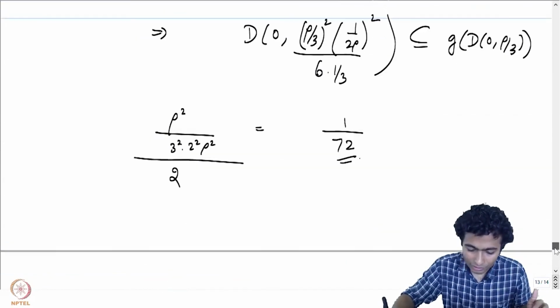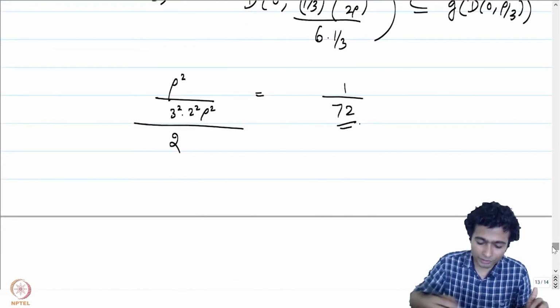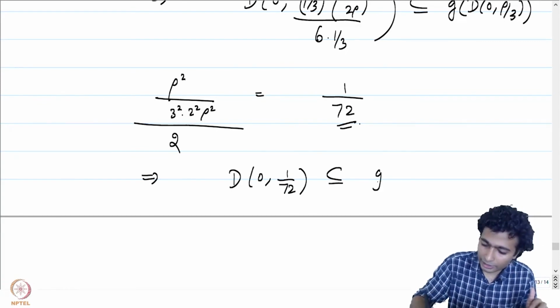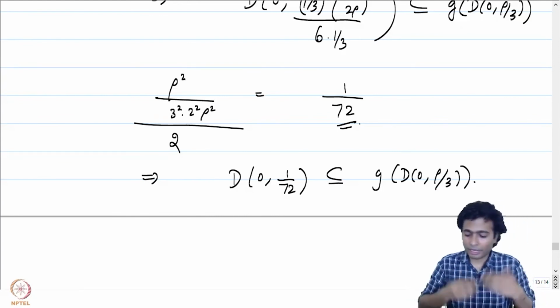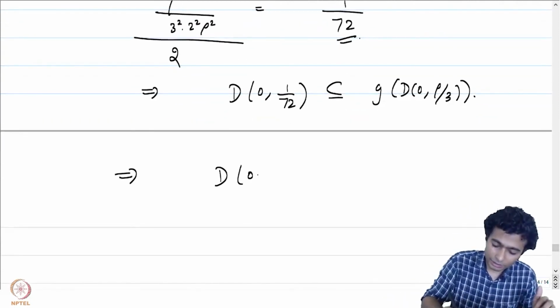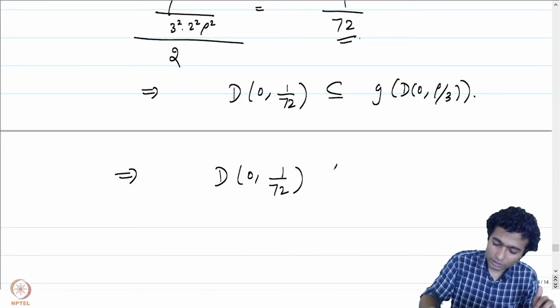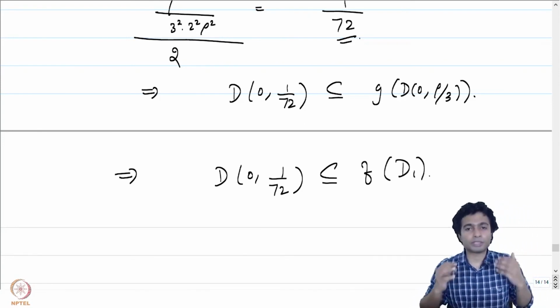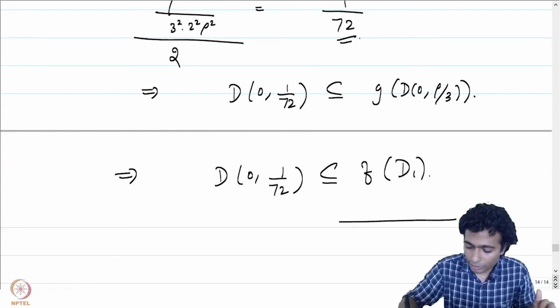I should confess that there is some reverse engineering that was involved. This tells us that d0 1 by 72 is contained in g of d0 rho by 3. And now translating it back, this tells us that d0 1 by 72 is contained in f of d1, which is precisely what we had set out to prove, thereby getting Bloch's theorem.